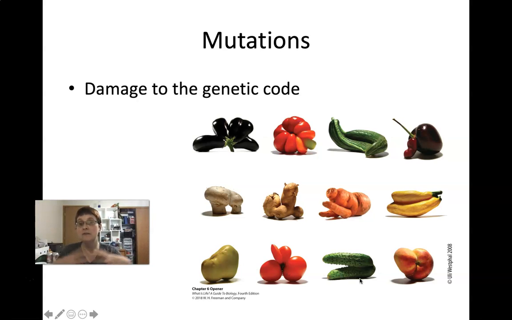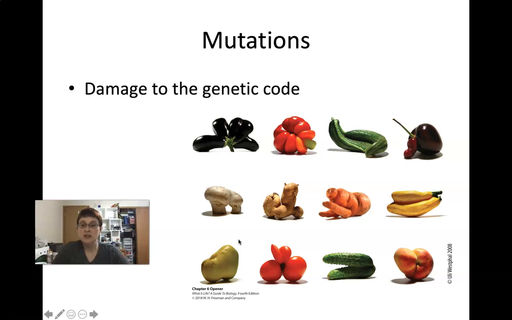Either they have doubled, like the cucumber and squash and zucchini, or they've got what look like growths, right? Like the cucumber, the tomato, the cherry, or they're missing parts like the apple. And these are all due to mutations.